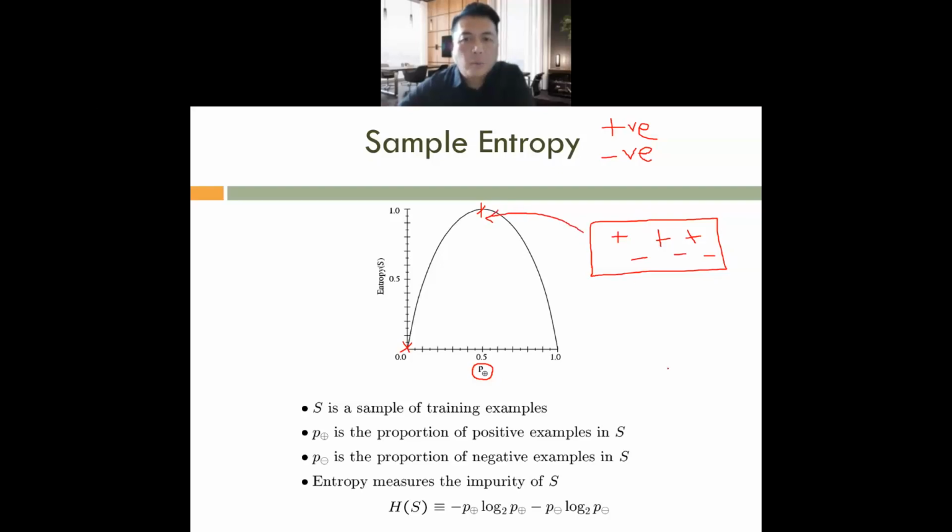When we are here, meaning that we have all positive, that means they are very pure. So we have positive, positive, positive.